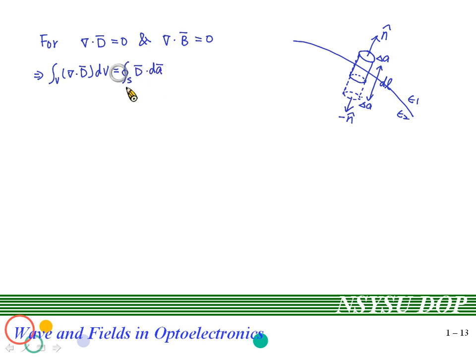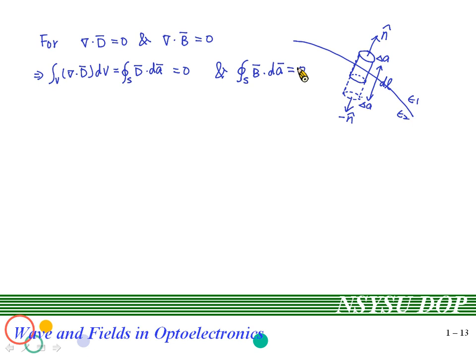The total outward flux should be the closed surface integral over three surfaces: the upper surface, the lower surface, and the sidewall surface. And because the right hand side is 0, the integral of the right hand side is 0. And we can also have that the total outward flux of the B field is also 0.